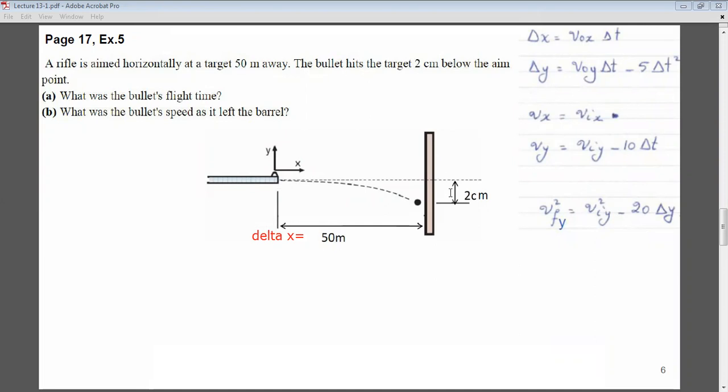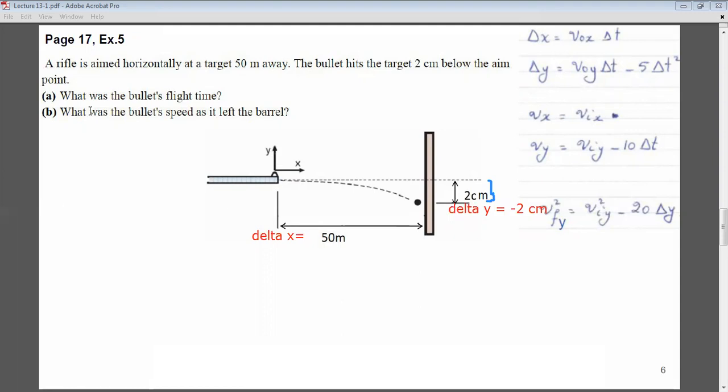The bullet hits the target 2 centimeters below the aim point. So what is this here? This is delta y equal minus 2 centimeters. Why minus 2? Because it's going downward, however, y-axis is upward.